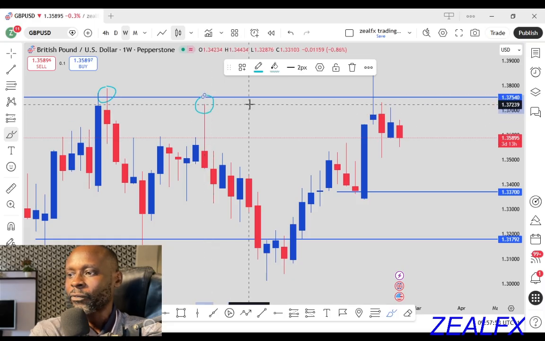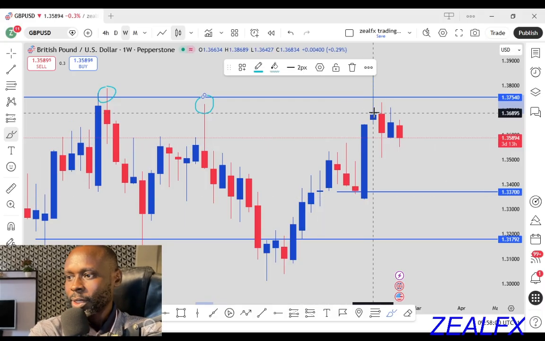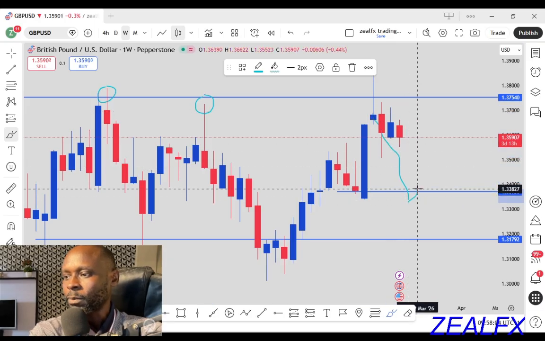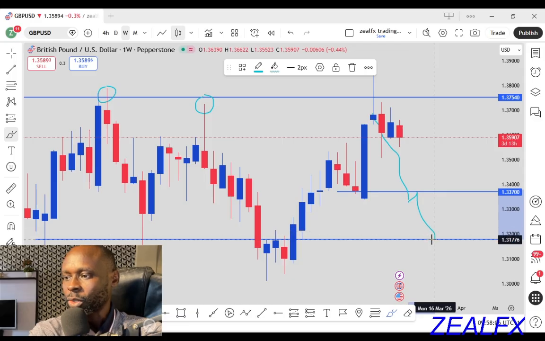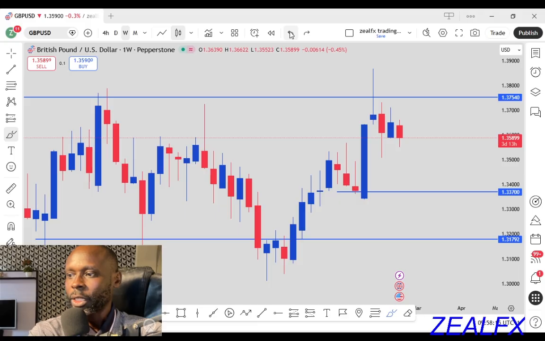Seeing price rejecting from this resistance level, this is an indication of price reversal back to this support level, and a break of this support level might trigger more bearish trend to this next support level. So we have to look out for more of the bearish trend for the pounds USD, because the higher time frames are all indicating bearish trend on the pounds USD.